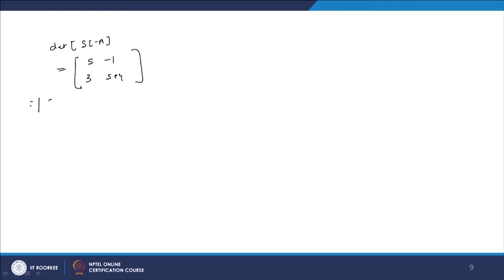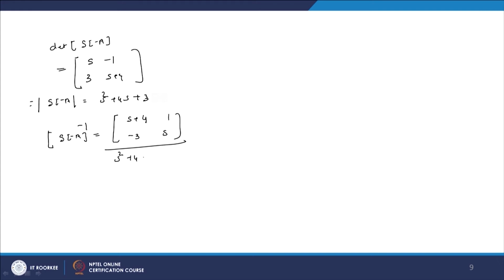The determinant of sI minus A equals s square plus 4s plus 3. Therefore, finally, (sI minus A) inverse we can write as [s+4, 1; -3, s] divided by s square plus 4s plus 3.